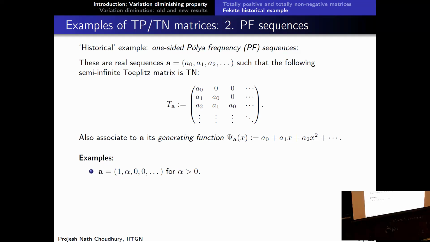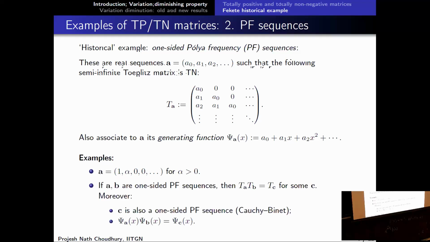Another way of constructing one-sided PF sequences is as follows. Take two one-sided PF sequences, then you get two totally non-negative semi-infinite Toeplitz matrices, and we know that the product of two Toeplitz matrices is again a Toeplitz matrix, and also the product of two totally non-negative matrices is again totally non-negative.